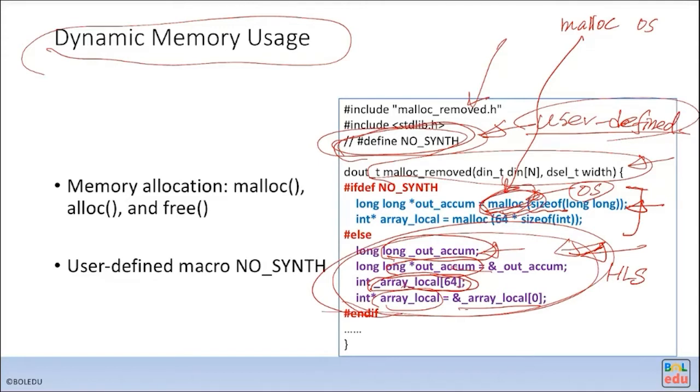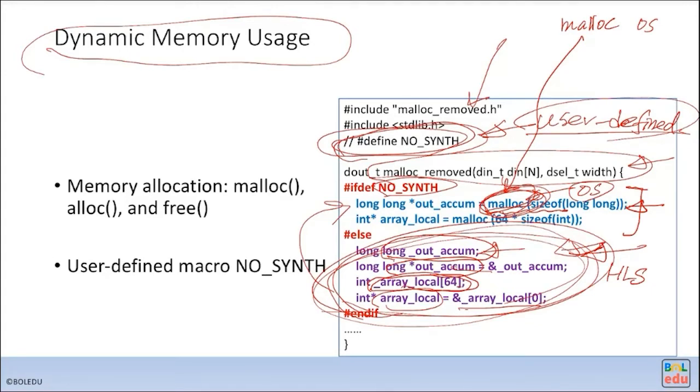Of course, you can write the same code in the C simulation, but as I said, if you want to process that big amount of data that simply could not fit into the FPGA, you have to use malloc. So that's the situation where you use the not-for-synthesis macro. In C simulation you use malloc, then you can process a bigger amount of data.